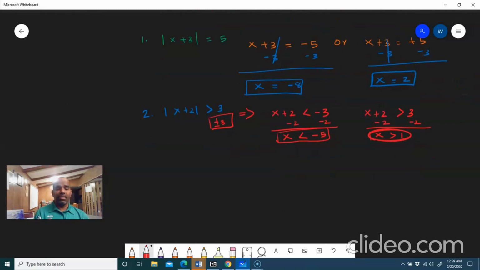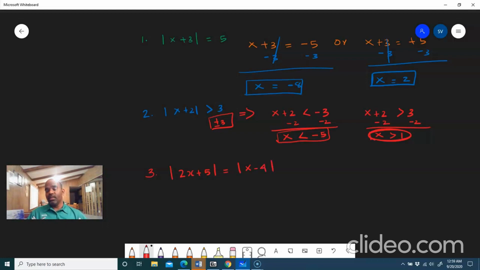Let me try another problem. Say for example, absolute value of 2x plus 5 is equal to absolute value of x minus 4. That is another question.